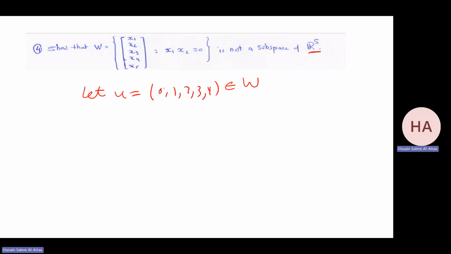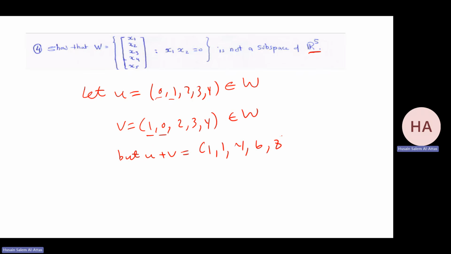So this belongs to W because x1 times x2 is 0. Now let V, the opposite, be 1, 0, 2, 3, 4, who cares? It belongs to W. Now it's still 0, but U plus V, which is 1, 1, 4, 6, 8, does not belong to W. I care only about these two, since the product is not 0. So W is not a subspace.